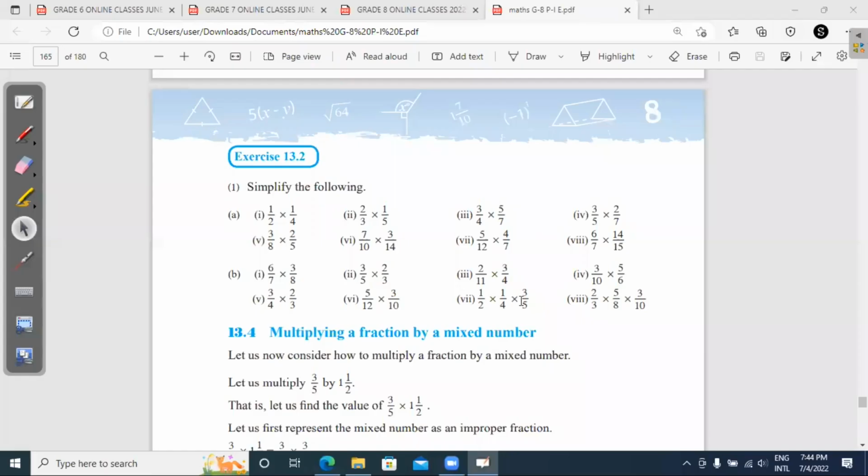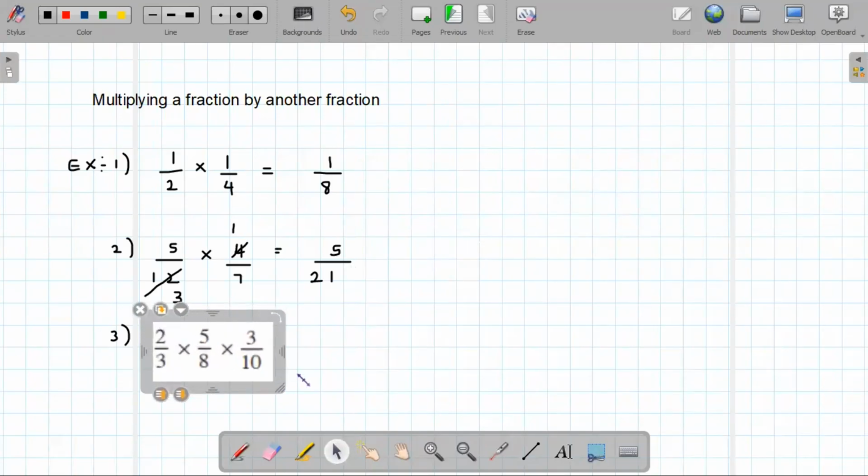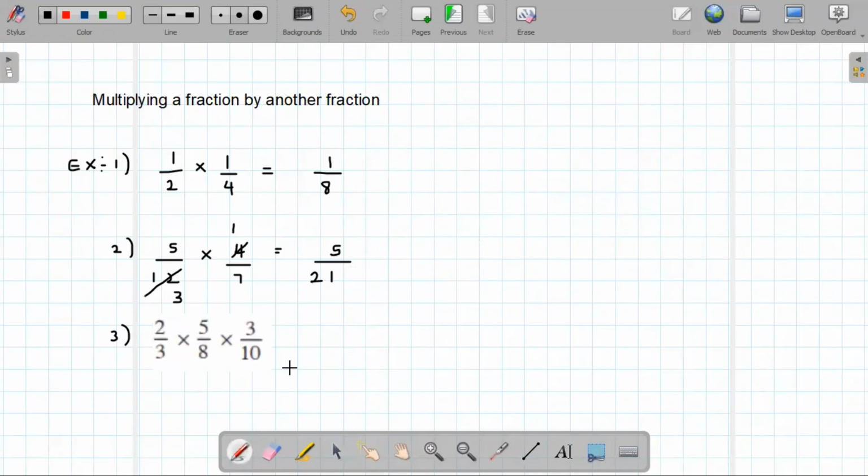The last example, as you can see, has 3 fractions. The way of doing that is, for these 3, I can cut these 3 also because they are in the direction of denominator and the numerator, in something called the x direction.